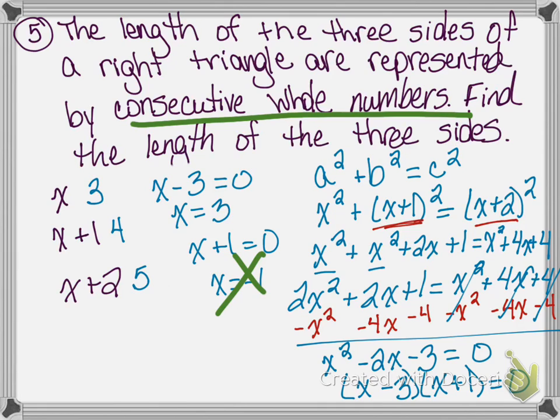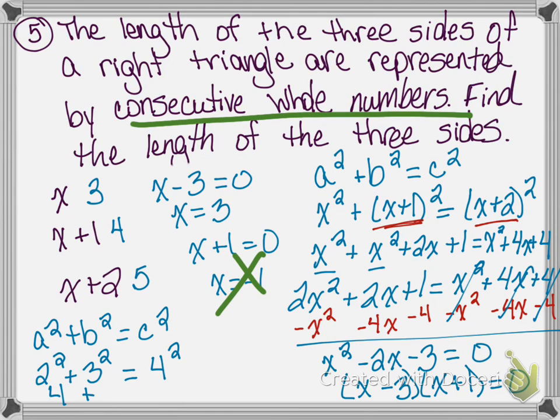That's the key. So if I picked 2, 3, and 4, okay, I would have to say, okay, a squared plus b squared equals c squared. Okay, so 2 squared plus 3 squared equals 4 squared. So that's 4 plus 9.